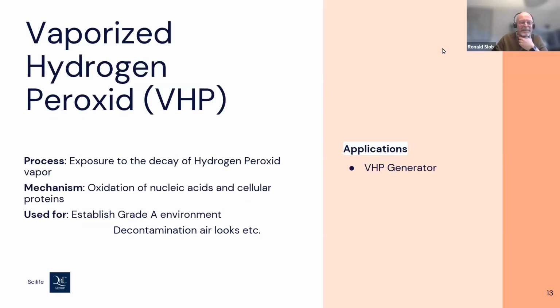Then we have the gases. VHP is also commonly used, but most of the time for decontamination of airlocks and biosafety cabinets. It's hydrogen peroxide, which is very aggressive and attacks the bioburden, the microbiological cells, through oxidation of nucleic acids and cellular proteins.